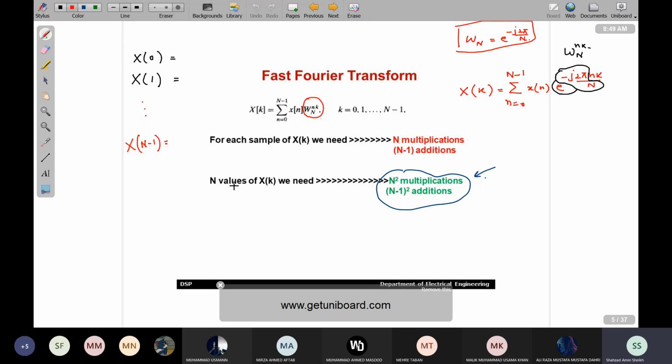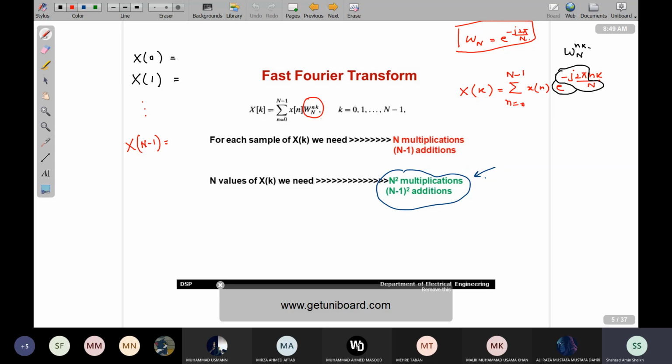And if you are up to calculating all the N values of X of k, because k is between 0 to N minus 1, in that case you will be doing N square multiplications and N times N minus 1 additions. So that's the computational load X of k is carrying.